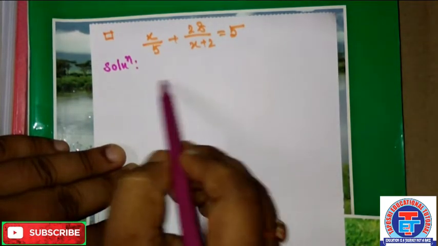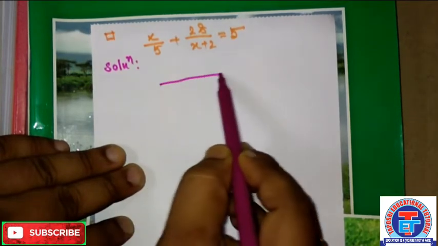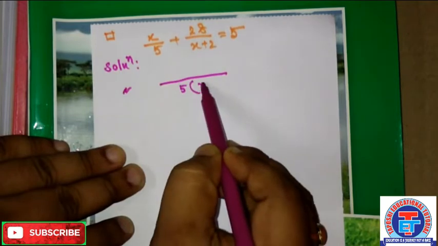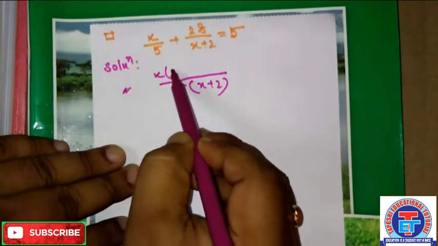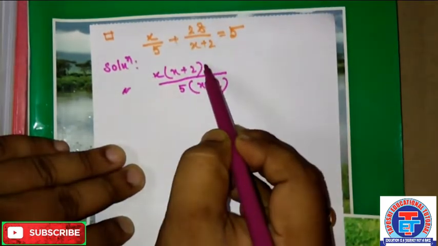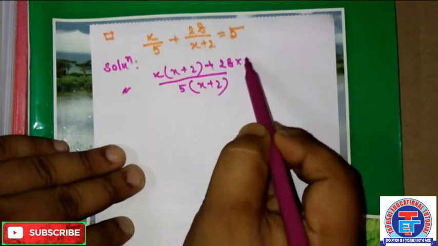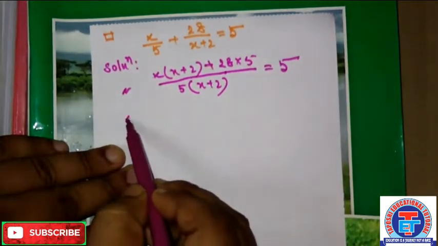So we can write the LCM of 5 and x plus 2 as 5 into x plus 2, right? So it will become x into x plus 2 plus 28 into 5 is equal to 5, right?